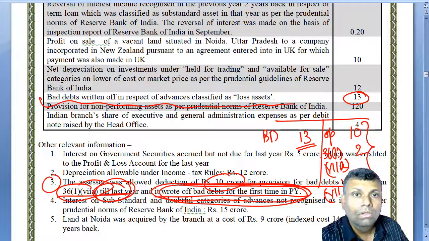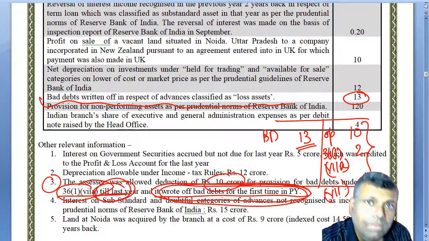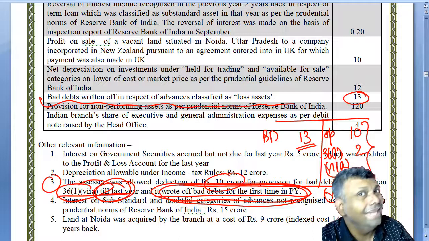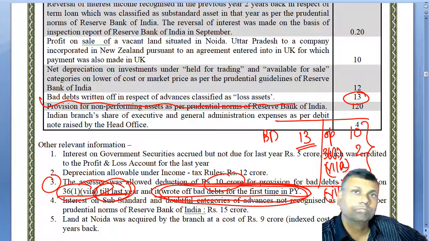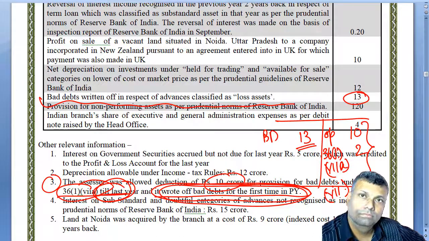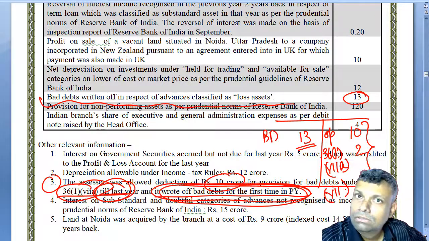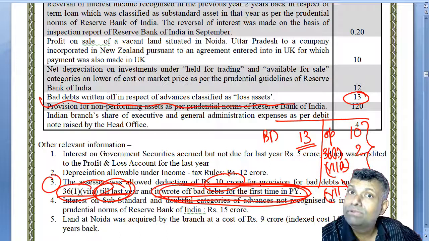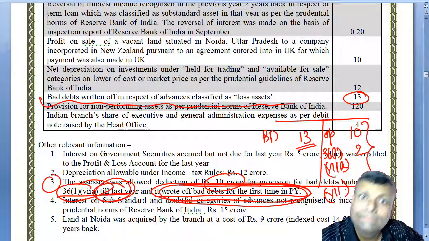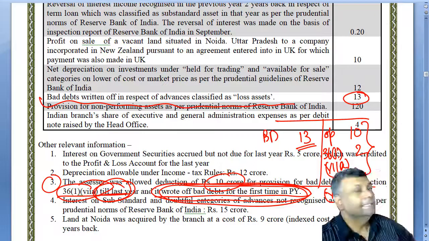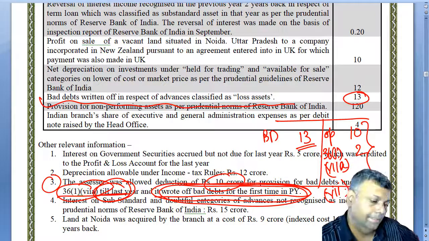And this is how the provisions of 36(1)(7) and 36(1)(7A) together are to be interpreted. So to the extent of the reserve creation, that's the standard deduction, but if your actual is more than the standard deduction, then you will get the actual extra to the extent of the difference. Mamma mia.